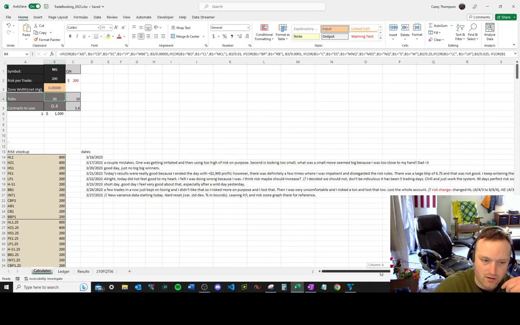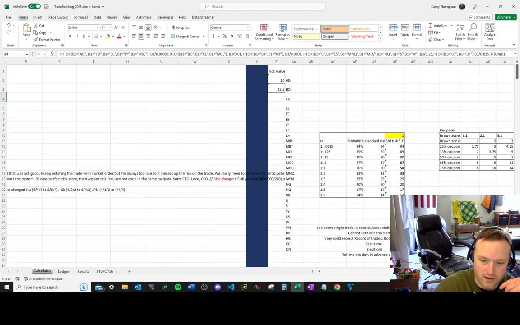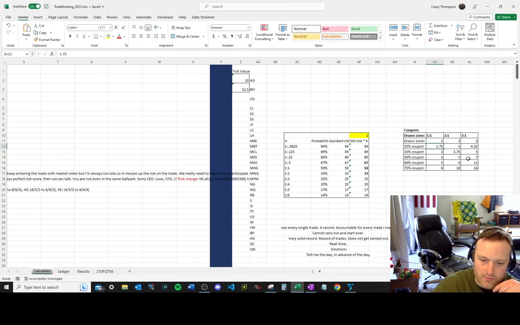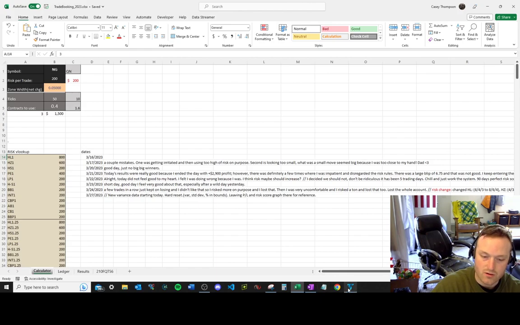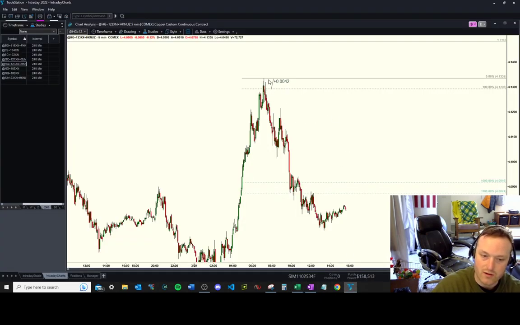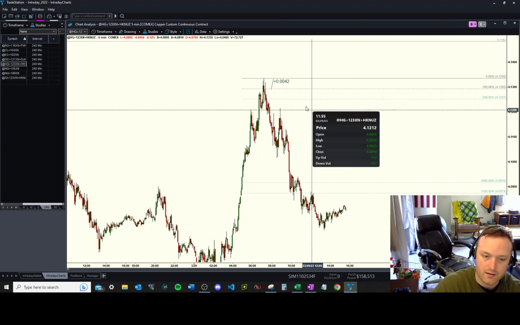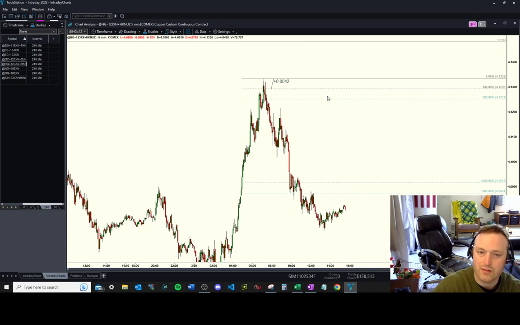I have this all sitting here in the coupons section. All right, this is a 1-to-1. A 50% coupon would be a 3-to-1 on your money, but a 1-to-1 on the drawn zone. See, the drawn zone is a 1-to-1 right here. But if you get in at 50%, that's your box right there.